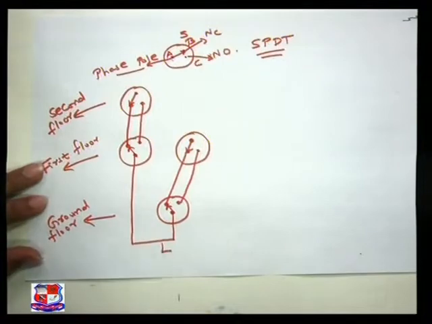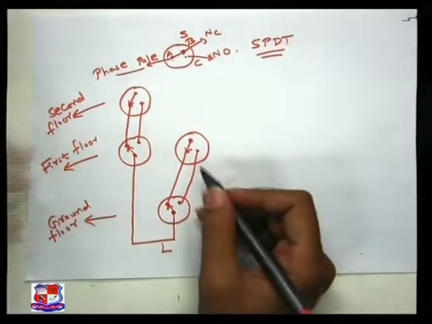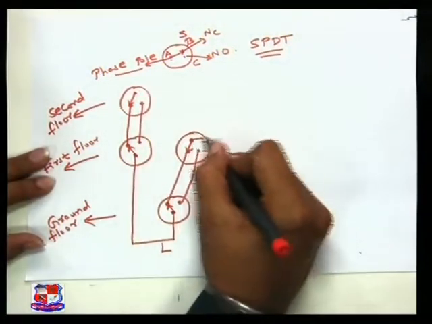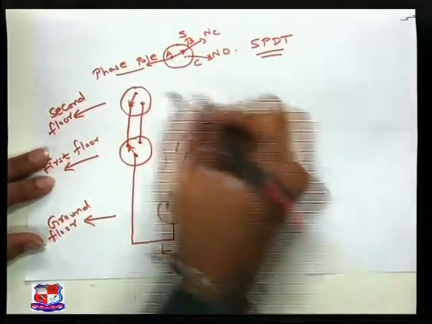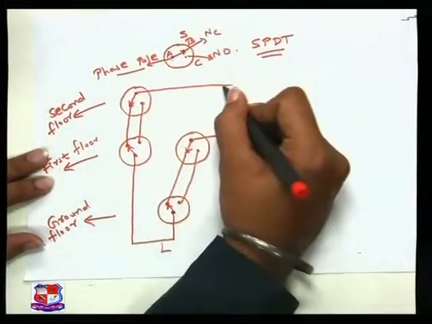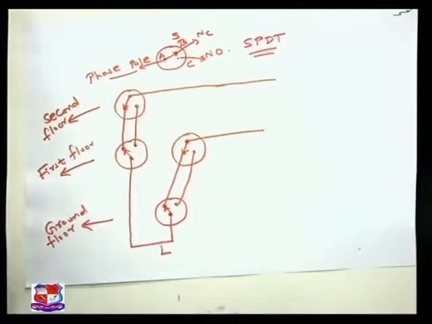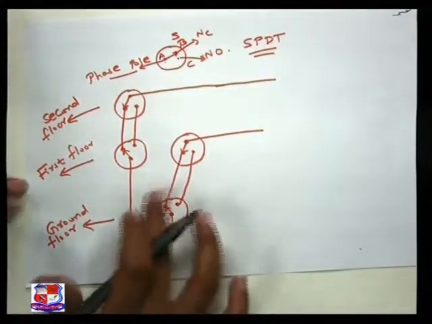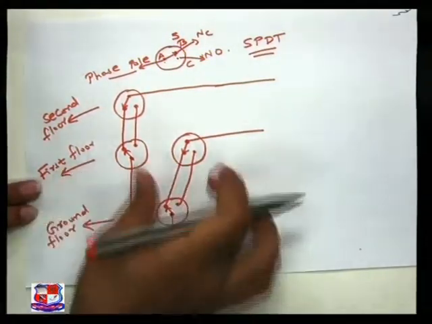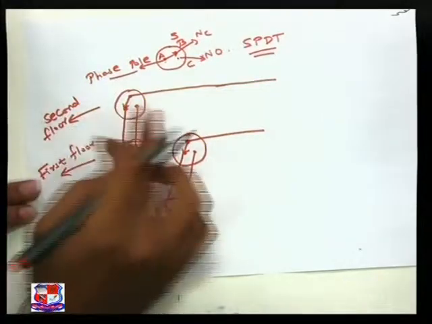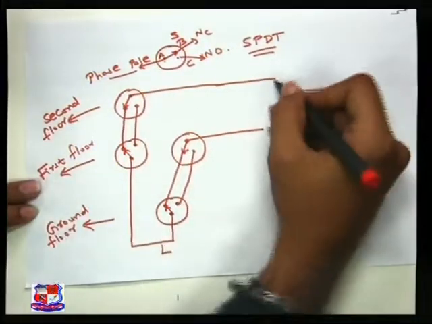These are common connections. From this I am taking one output, and again from here I am taking one output. Up to now it's easy, I think, right? This is for one 2-way switch for the ground floor. Again, for the first floor we need two 2-way switches. Again, for the second floor we need one 2-way switch.